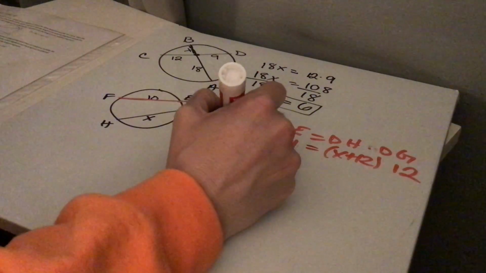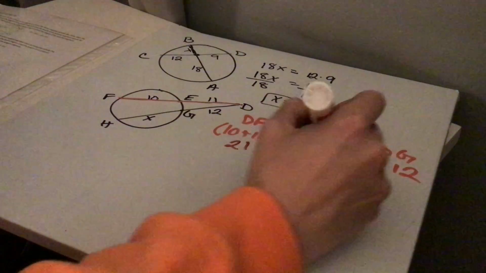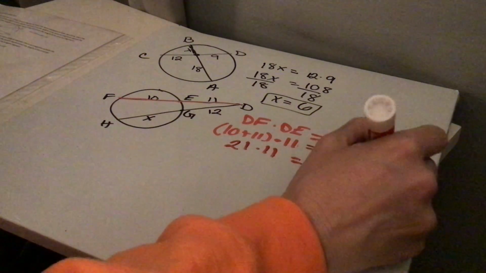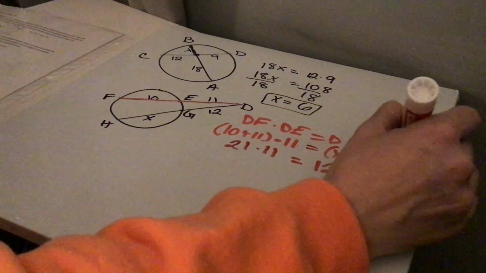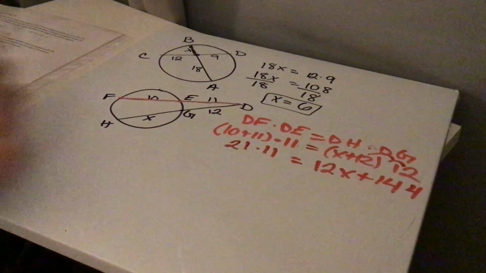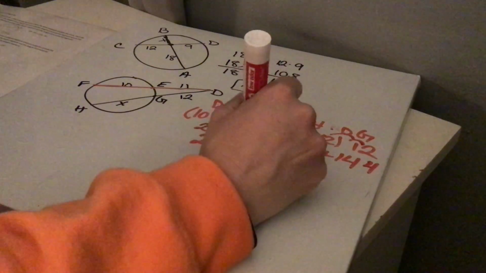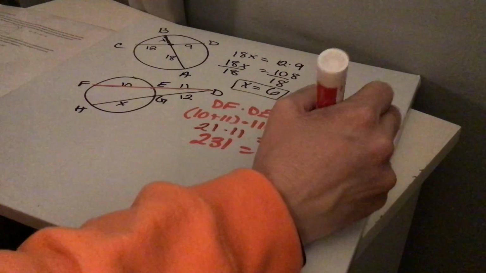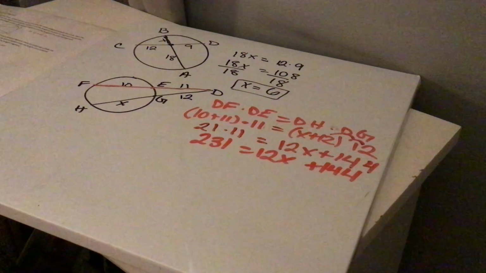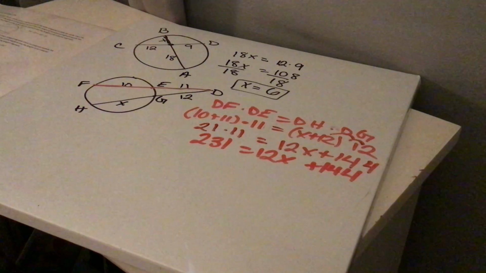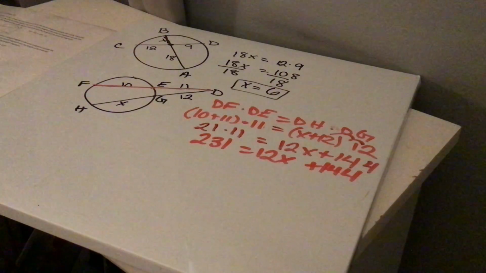So this would be 21 times 11 equals 12X plus 144, because we're distributing the 12. So 21 times 11 is 231 equals 12X plus 144. So we're going to subtract 144 from both sides.